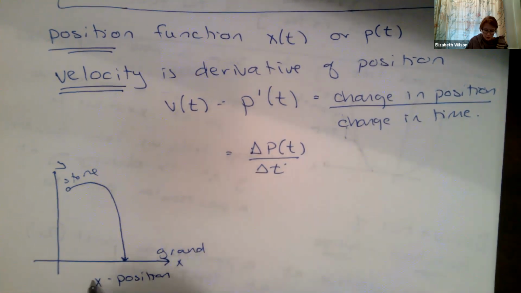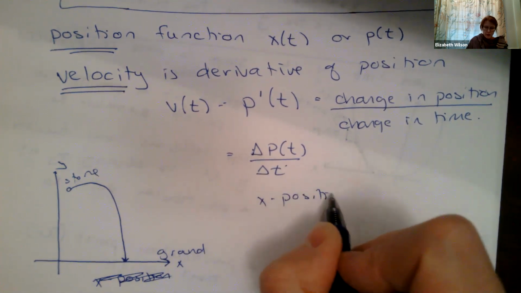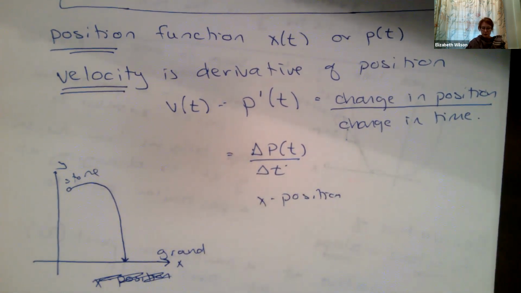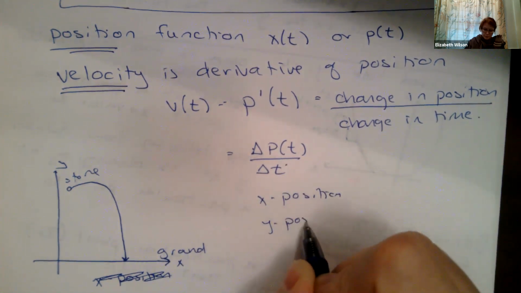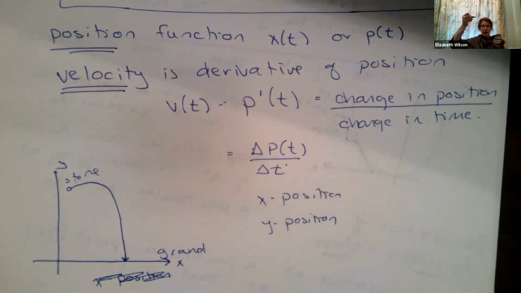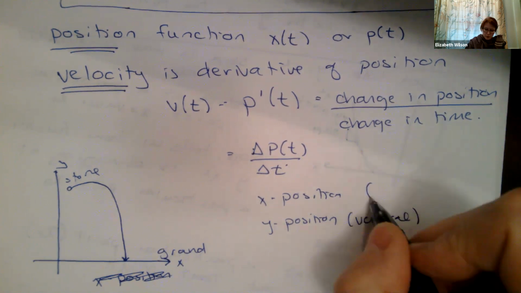We have our x position, which tells us how far out from the cliff it's gone, and we have our y position, which is how far down it's going. That's our vertical, and this is our horizontal.